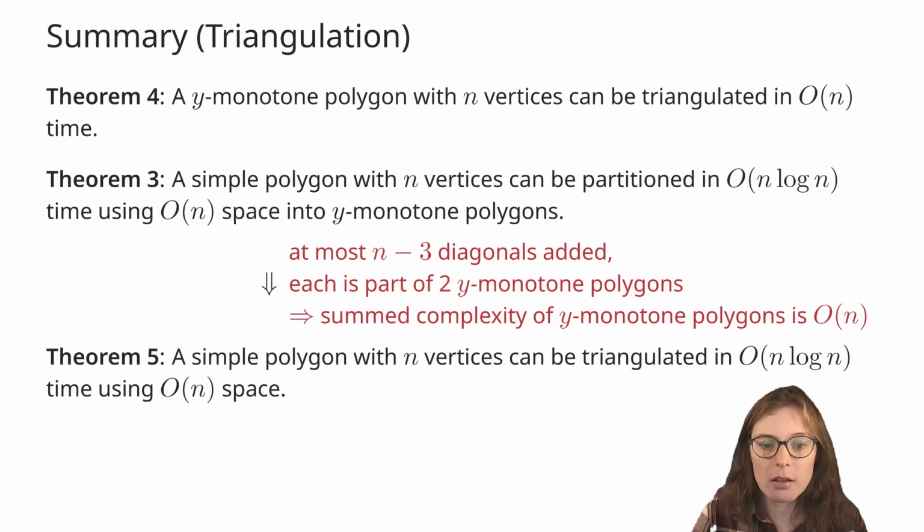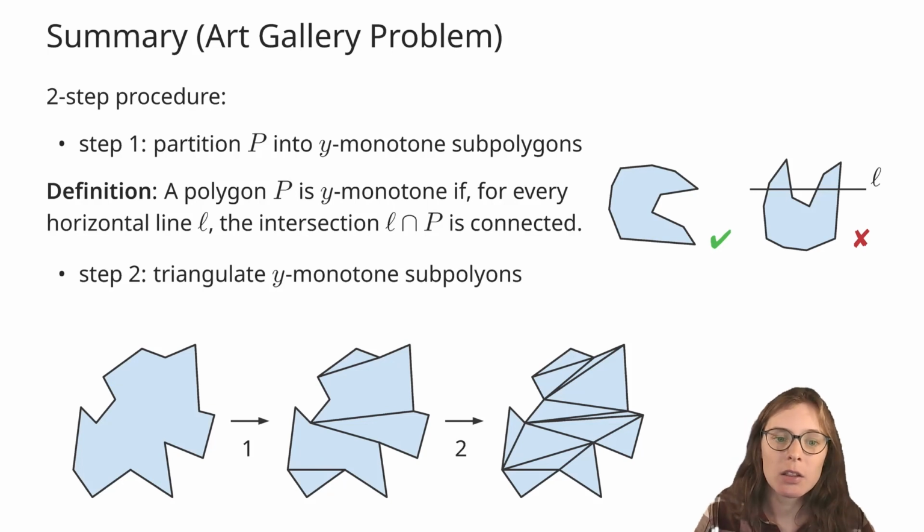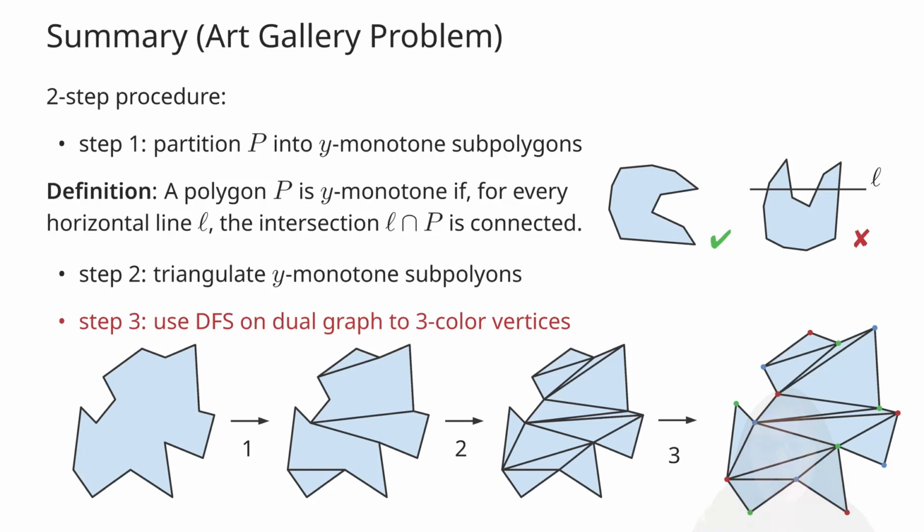So indeed, the final result follows. To summarize, our two-step procedure was to partition a polygon into y-monotone subpolygons and then triangulate the y-monotone subpolygons that we have obtained in the first step. So now, if we want to go back to solving the art gallery problem, we can take triangulation, color the vertices, and find the n/3 guards to cover the polygon.